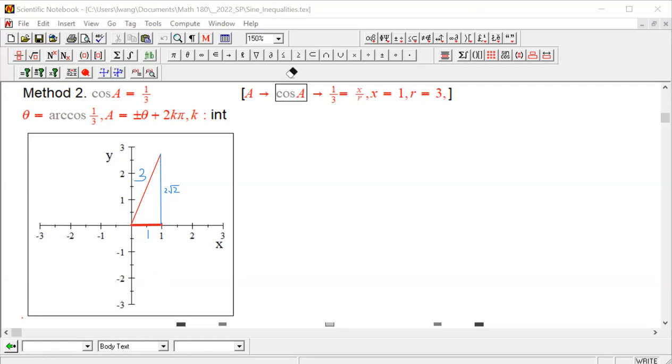I'll try to keep them color coordinated. There's a blue here, and they share the same red. Oh, this is the red, I should not use the red, let me use a different color.